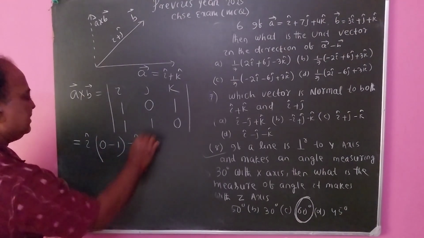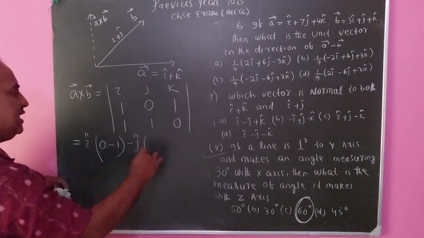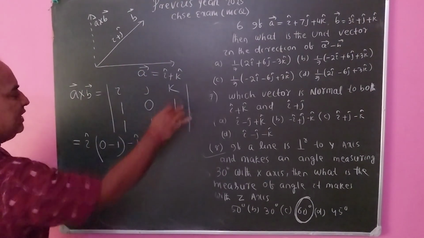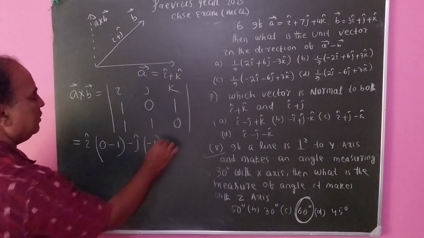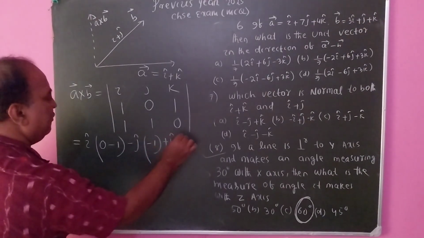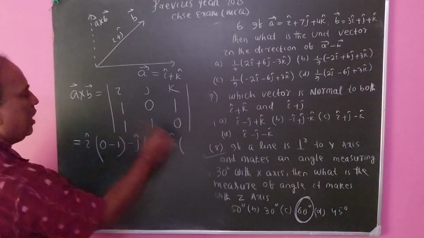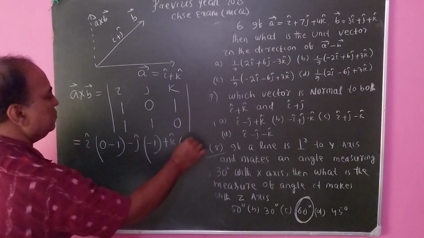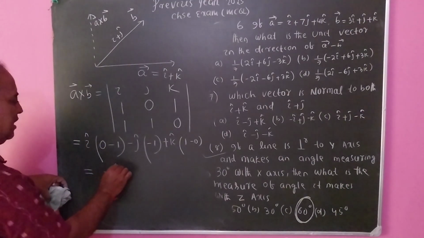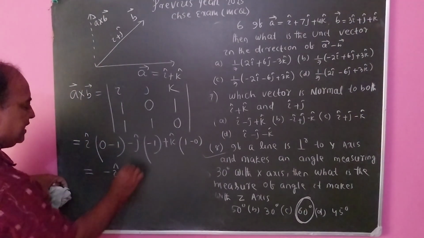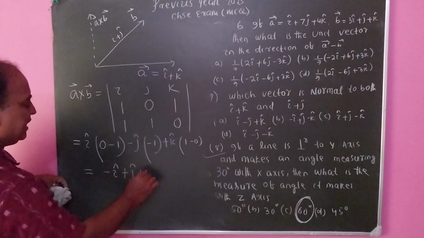Here it is minus j; drop the corresponding row and column, 0 minus 1. Plus k cap, here it is 1 minus 0. So we get minus i cap plus j cap plus k cap.